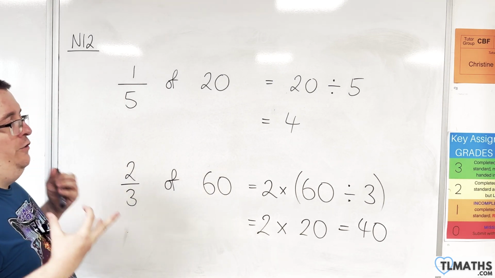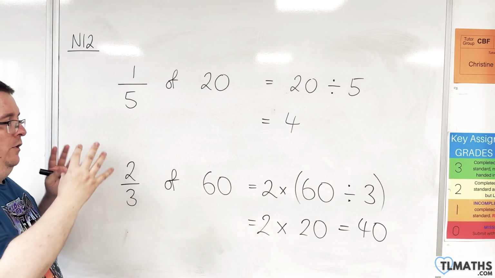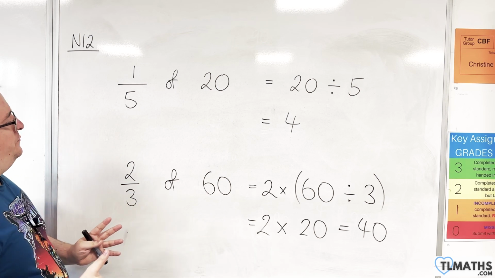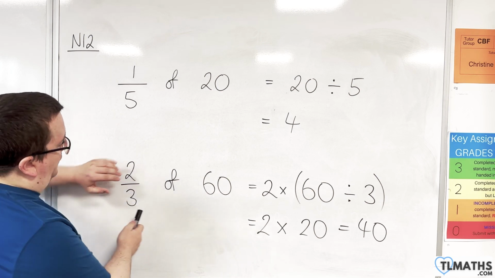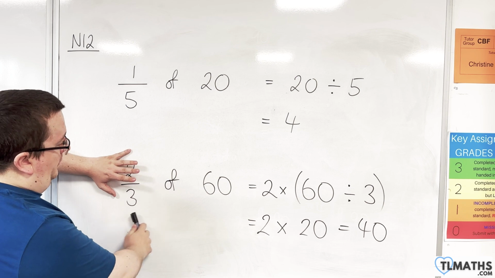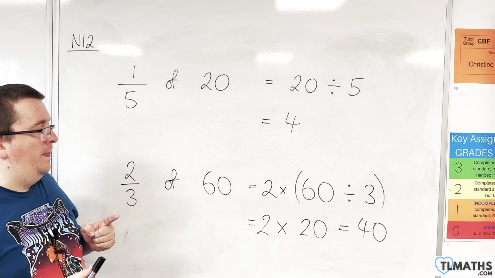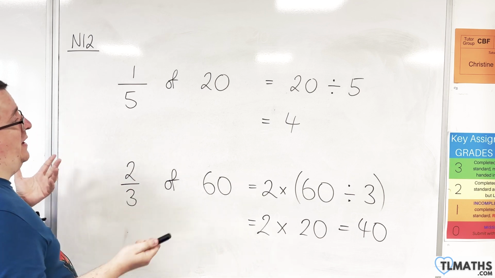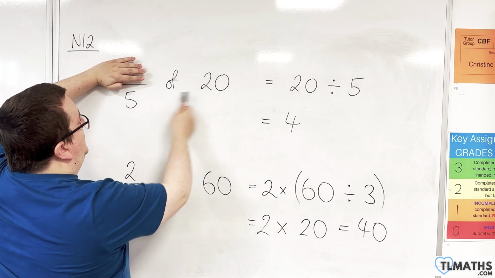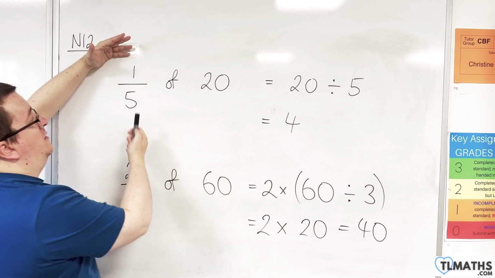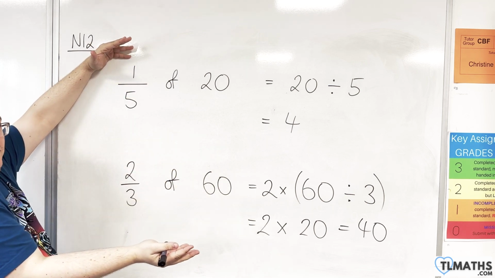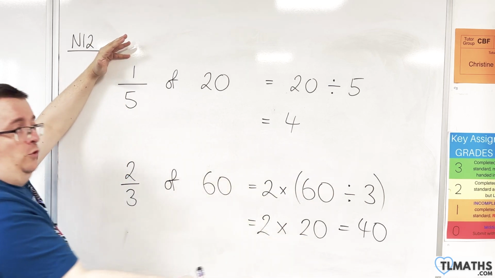So when you've got a fraction of a quantity, you want to divide by the denominator first and then multiply by the numerator. I did the same thing here. I did 20 divided by 5 first, and then I multiplied the answer by 1, which 4 times 1 is just 4.